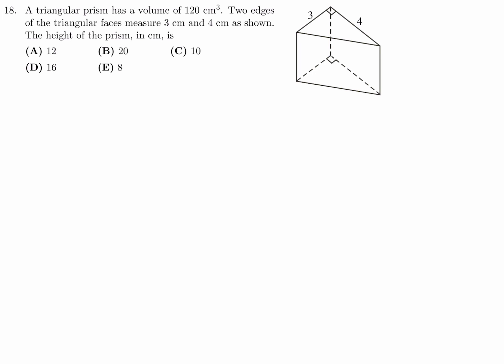A triangular prism has a volume of 120 centimeters cubed. Two edges of the triangular face measure 3 and 4 centimeters as shown. The height of the prism is. Well, the volume of this prism is basically going to be the area of the base times the height of that prism. And the volume they told you is 120. And then the area of the base, well, this is a base right here. So is this.